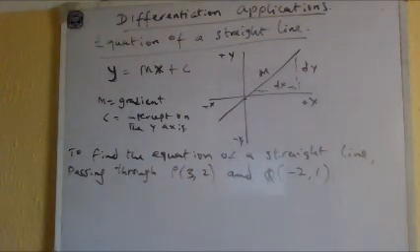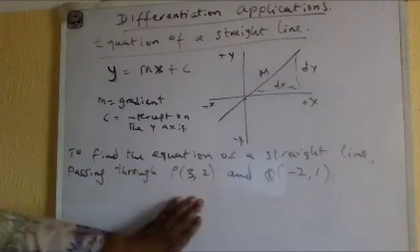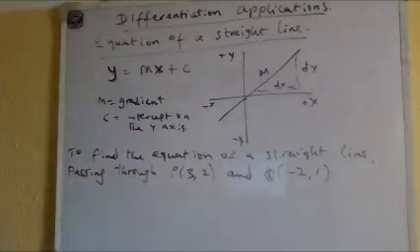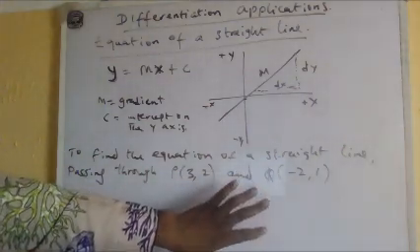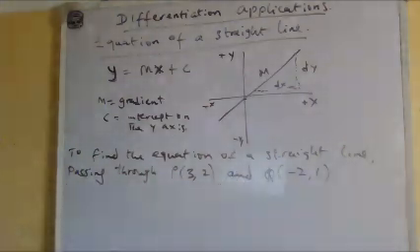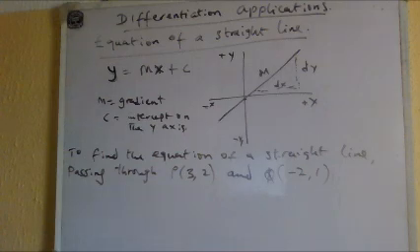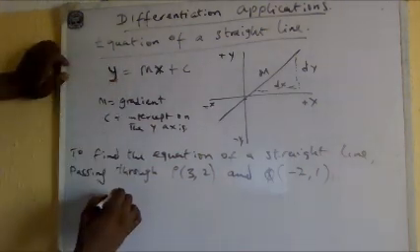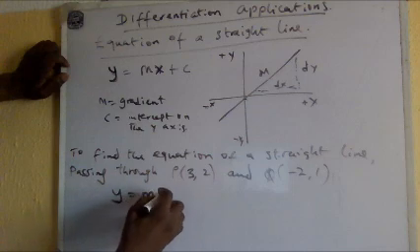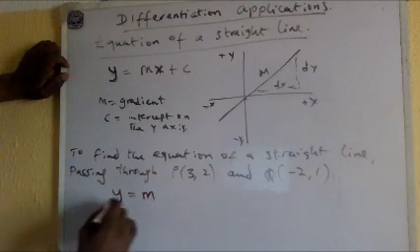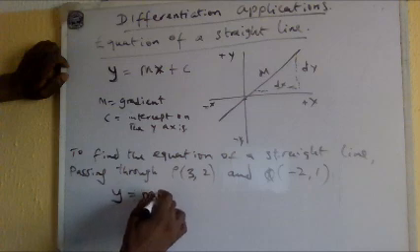So if you want to get the line passing through these 2 points, let me first of all get this up. So these are the 2 points, and we are going to write 2 equations for these 2 points. Now, we know that the formula for a straight line is y equals mx plus c.